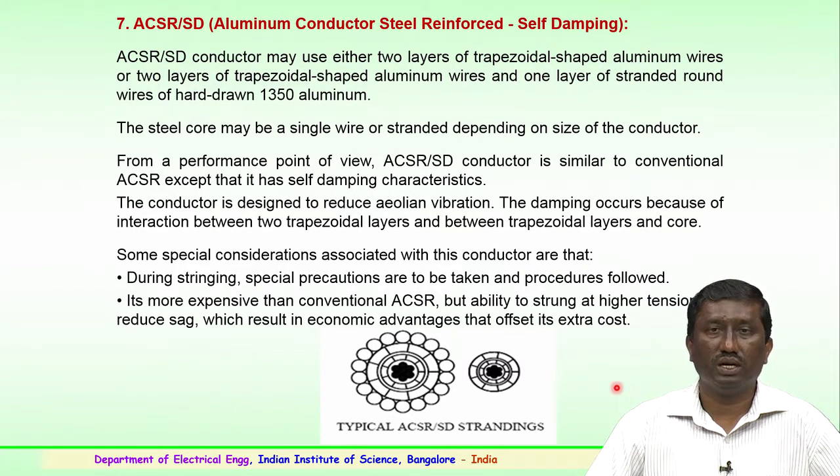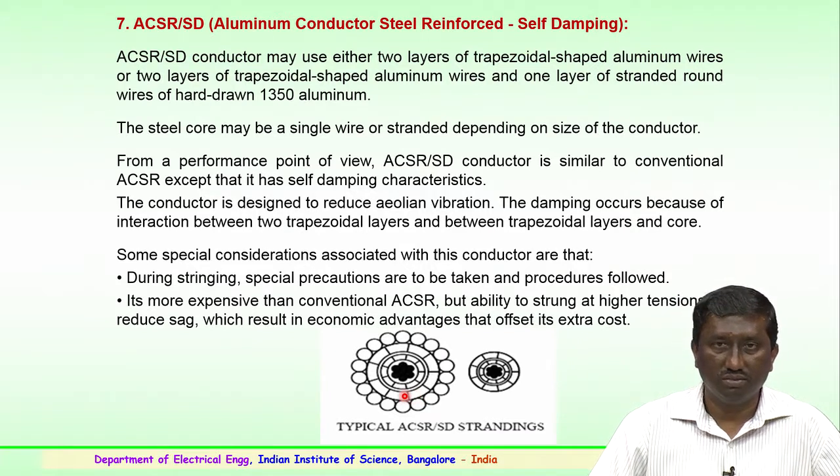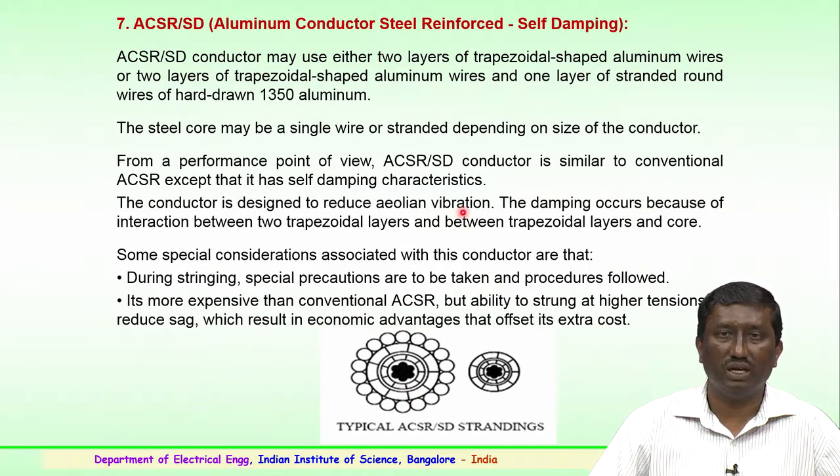ACSR conductor with SD is similar to the conventional aluminum conductor steel reinforced, except that this has a self damping arrangement, a very important characteristic. This conductor is designed to reduce aeolian vibrations. We will be discussing what aeolian vibrations are.